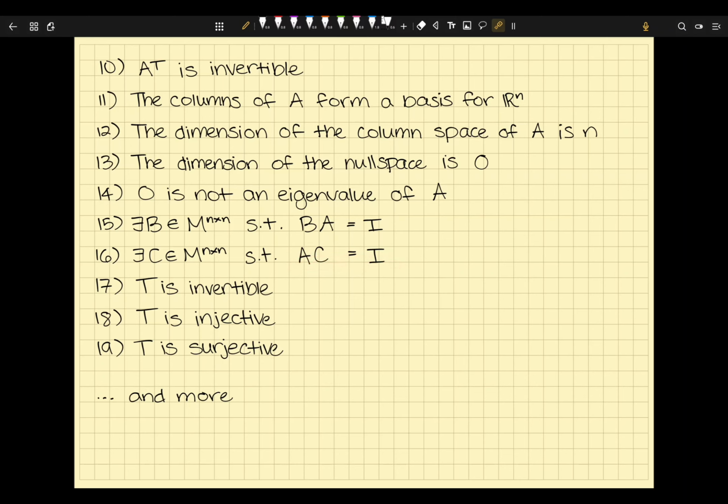Then these last 3 are what we're going to focus on now: the linear transformation is invertible, and the linear transformation is injective and surjective. These are not terms I've defined yet. I'm going to define them now. Let's just keep going.